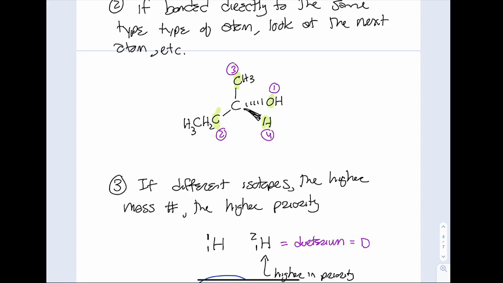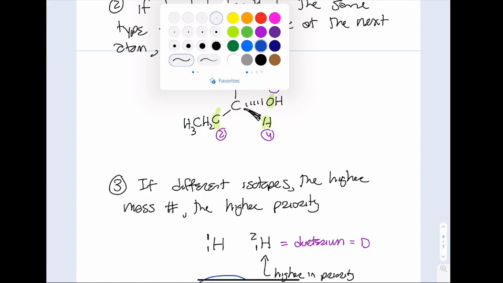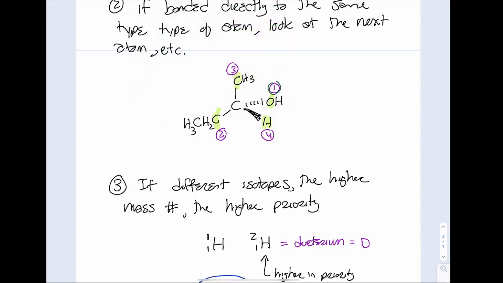So I'm just going to leave it where it is. I'm not going to rotate anything. I'm going to look at where 1 is, where 2 is, and where 3 is, and I'm going to go from 1 to 2 to 3.